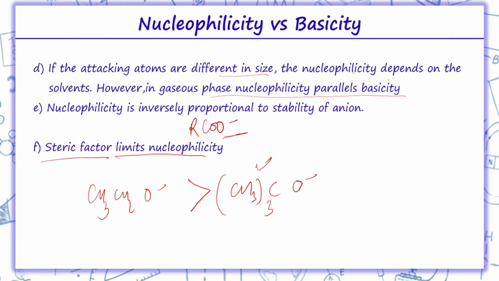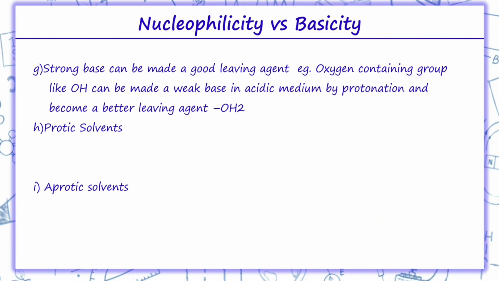Since over here it is a tertiary carbon, the greater the steric effect, the lesser the nucleophilicity. But when we talk about basicity, the sequence reverses. (CH3)3CO minus is more basic than CH3CH2O minus.